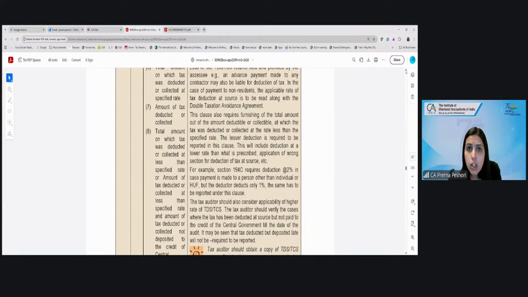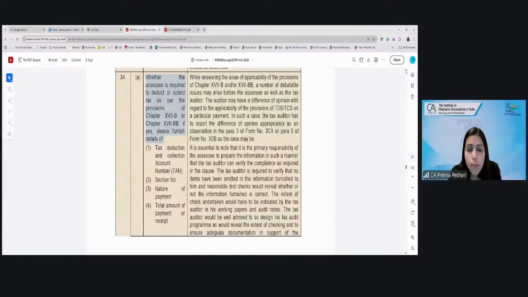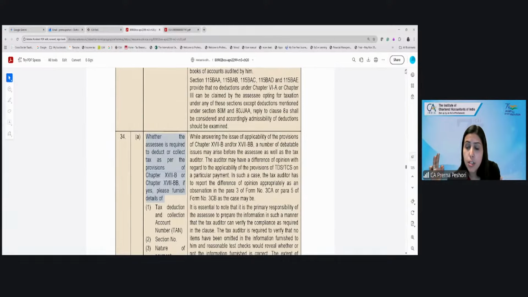So basically here what needs to be reported is all the particulars with respect to the TDS.